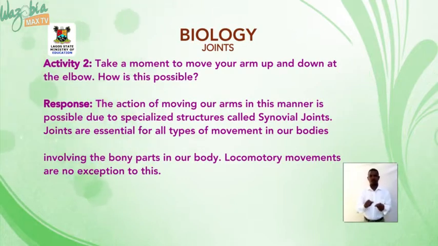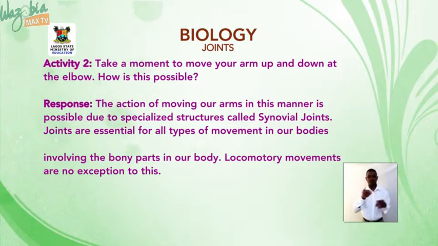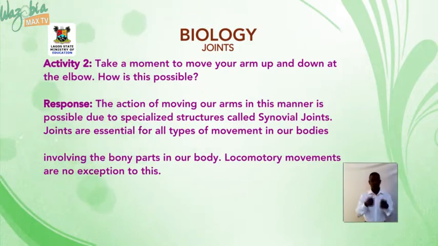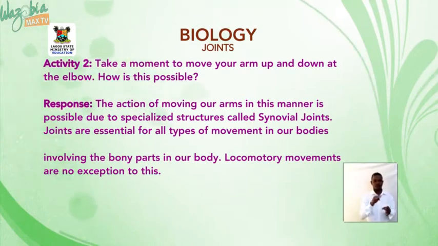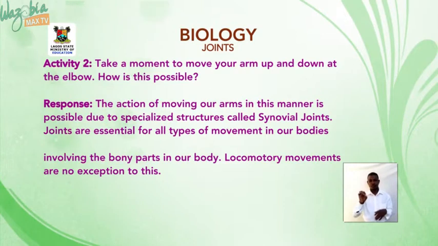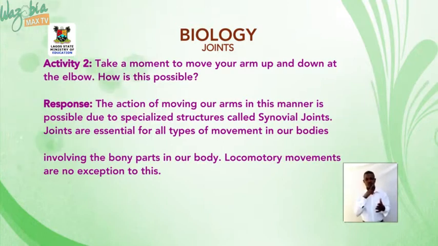The action of moving our arms in this manner is possible due to specialized structures called synovial joints. Joints are essential for all types of movements in our bodies, involving the bony parts of the bodies. Locomotory movements are no exception to this.